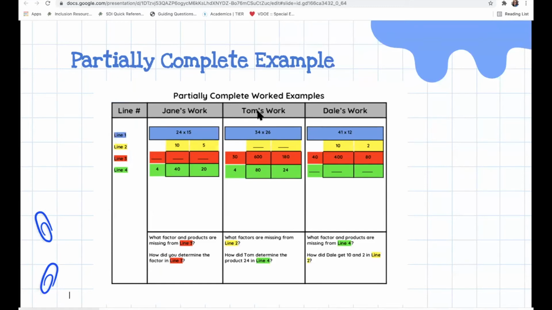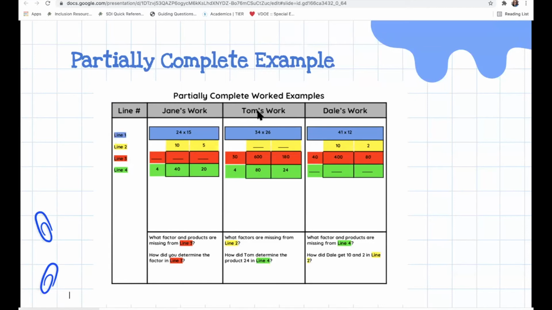Now there's a lot of color coding going on here, and I love color coding for our students. But I like this because line 1 is color coded for each student. Line 2 is color coded, so it's easily and visually aesthetic for them to go across. Line 3 is color coded again, and then line 4, and he can see what parts do I need to complete.